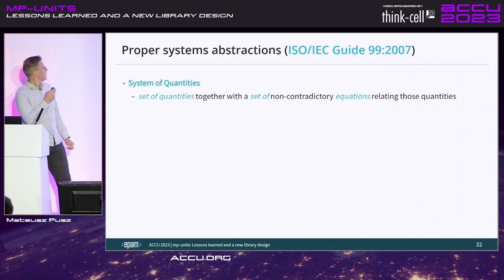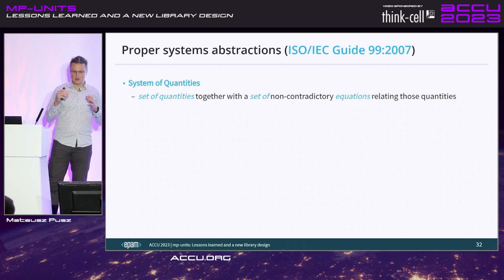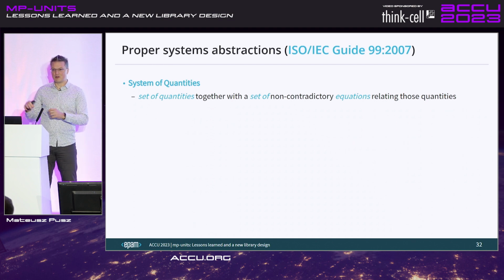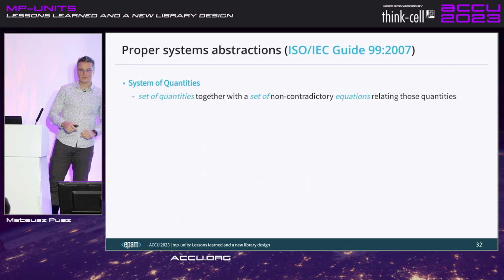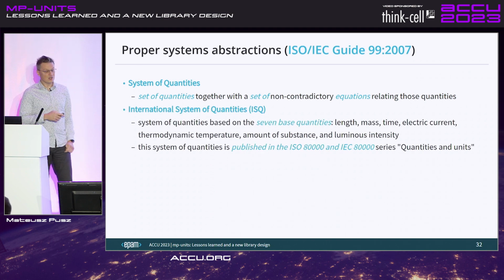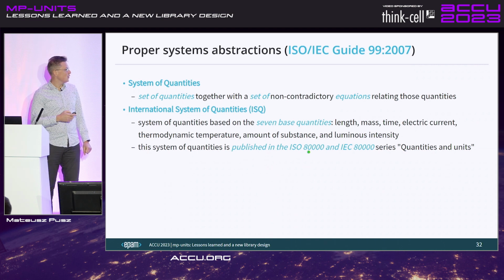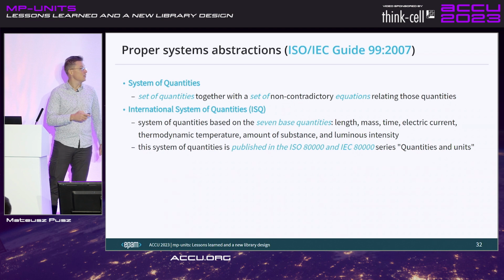ISQ is a system of quantities. A system of quantities is a system of, let's say, dimensions without bothering about the units or the values assigned to the quantities, just like all of the things are done on the dimensional level. And ISQ is the official standard specified by ISO 80000 that specifies hundreds of such quantities.